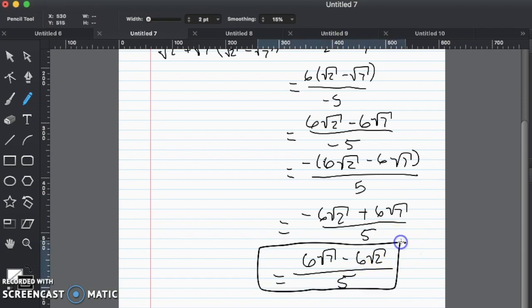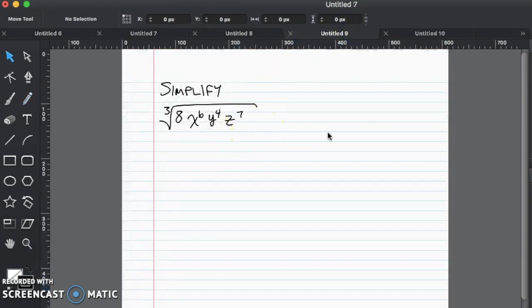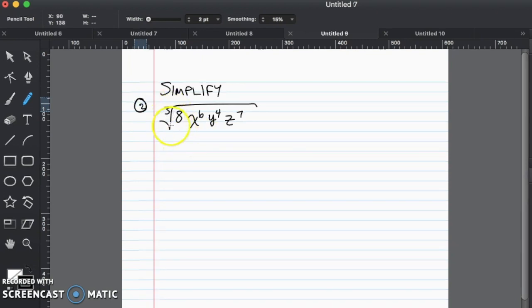Okay. Let's take a look at another example. Something like this. If we want to simplify that, this is our second example. And what I do is I treat this kind of like a slightly different expression.